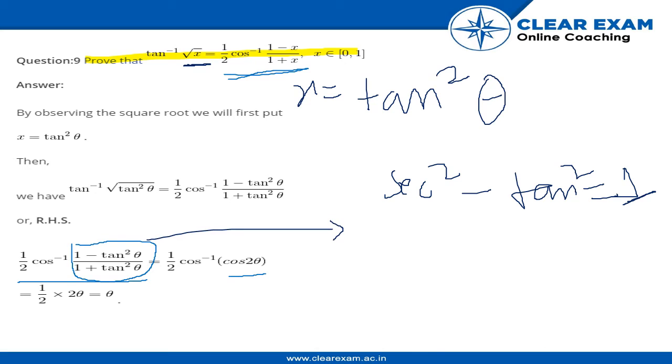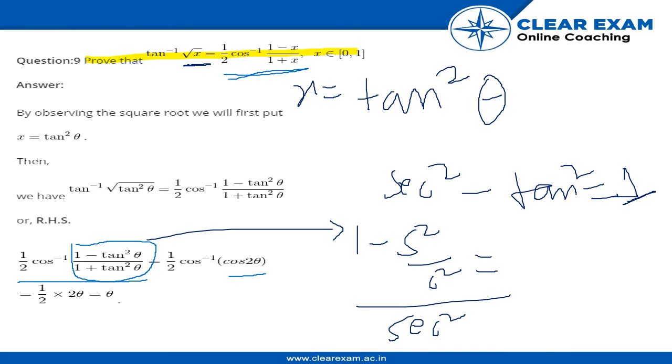Coming over here, we get our numerator as 1 minus sin square over cos square, and our denominator as sec square theta. When we take sec square theta to the numerator, it becomes cos square theta.